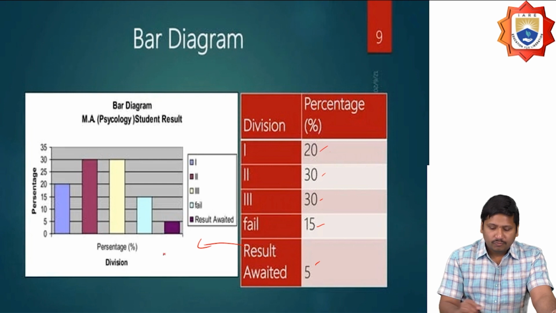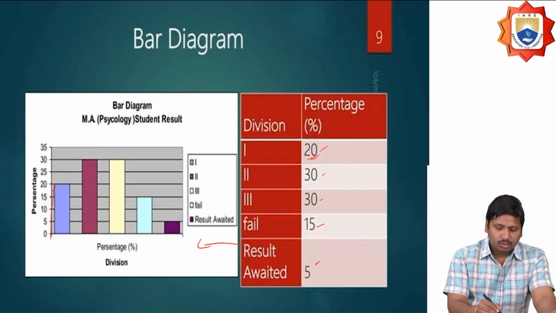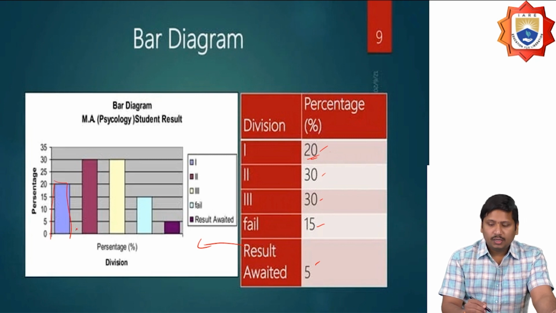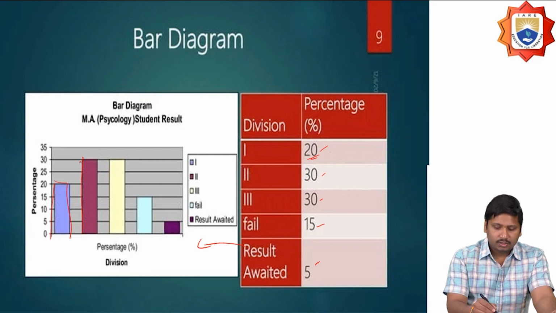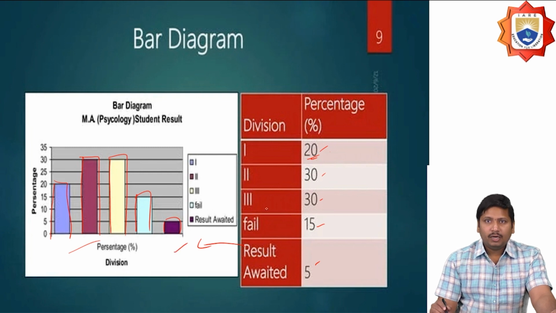For division 1 we got 20%, 20 people, so I have to construct this bar, and for division 2 I have to construct 30, and for division 3 I construct 30, for failing it should be 15, and for the result of it. Like this I can construct the bar diagram.